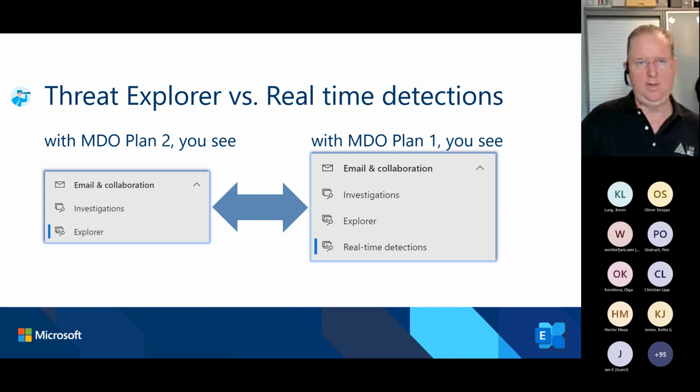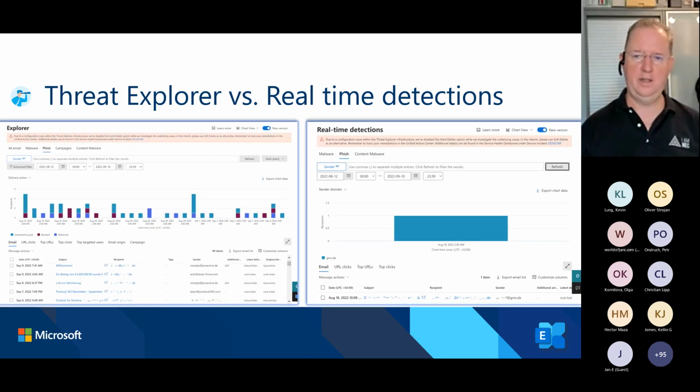If you have an E5, you have Microsoft Defender for Office 365 Plan 2. If you only have Plan 1, you see real-time detections in Email and collaboration, which allow you to look at real-time detections but are not as powerful as Threat Explorer, the full-flavored tool.